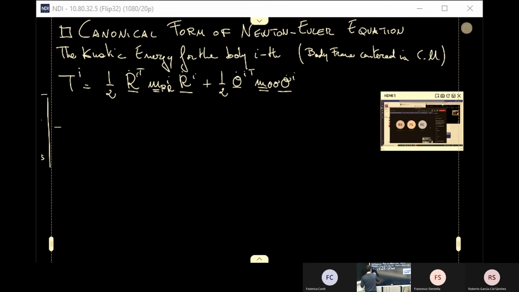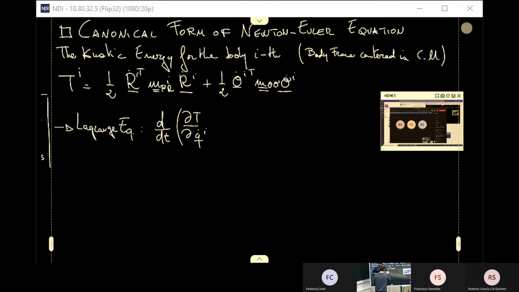So we have that the Lagrange equation becomes as follows: the total derivative with respect to time of the partial derivative with respect to the generalized velocities.